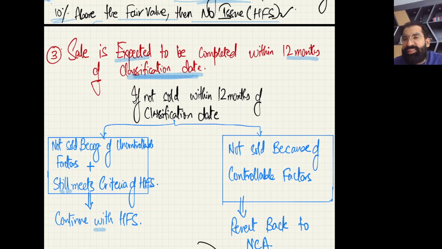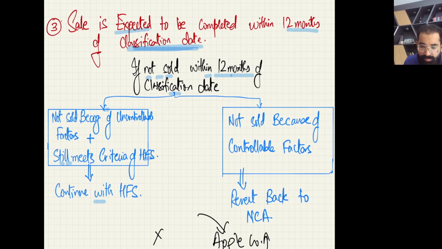Okay, but now as a student you may ask one question, sir, if not sold within 12 months of its classification date, then what will happen? Listen, see, this is the first box, not sold. Now you need to check, either of these two boxes will apply.